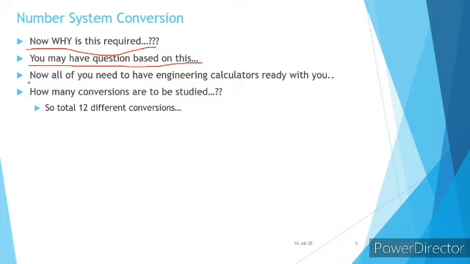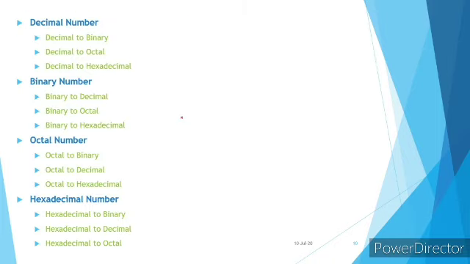Now you all need to have your engineering calculators. I already discussed this. This is very important. How many conversions are we supposed to study? We have 12 different conversions, considering each number system has 3 different conversions. We have 4 number systems and 4 3s are 12.